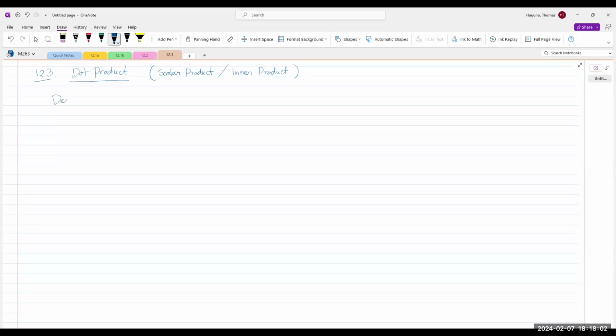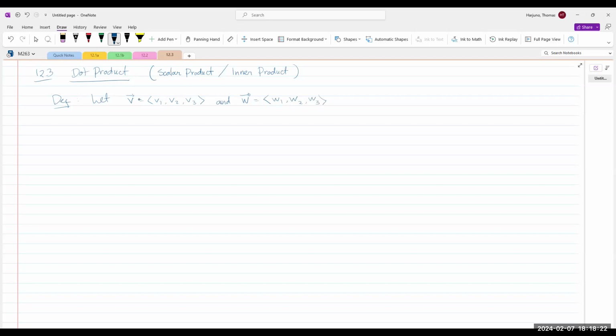Definition: let vector v be v1, v2, v3, and vector w be w1, w2, w3.